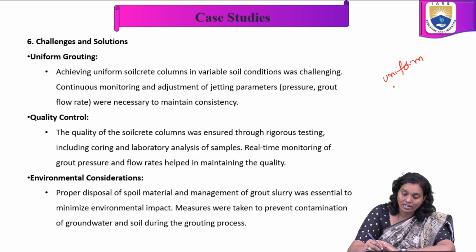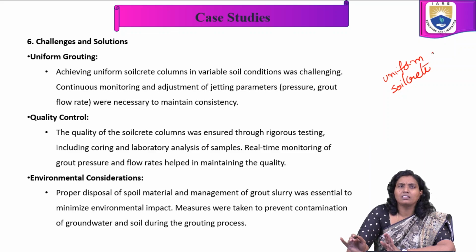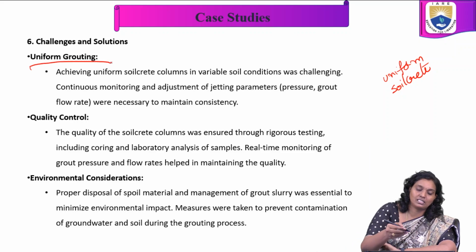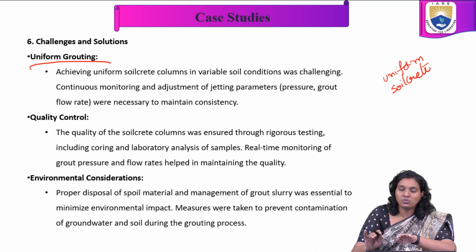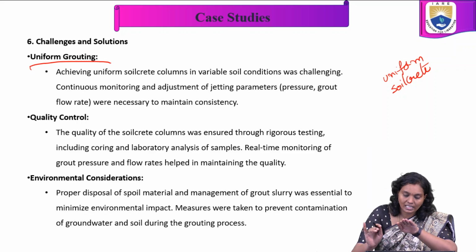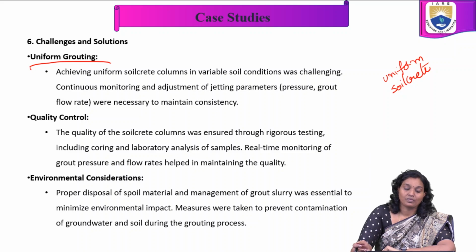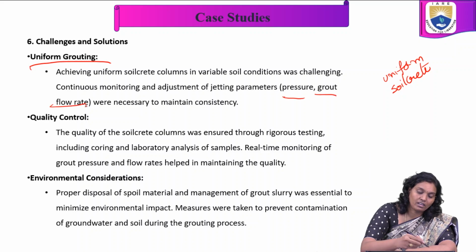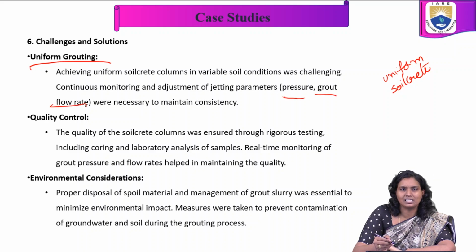Once we get these uniform soil-crete columns, continuous monitoring and adjustment of jetting parameters is helpful for uniform grouting. This is the way we reduce these kinds of challenges. Achieving uniform soil-crete columns in variable soil conditions was challenging, so continuous monitoring and adjustment of jet parameters like pressure and grout flow rate were necessary to maintain consistency.